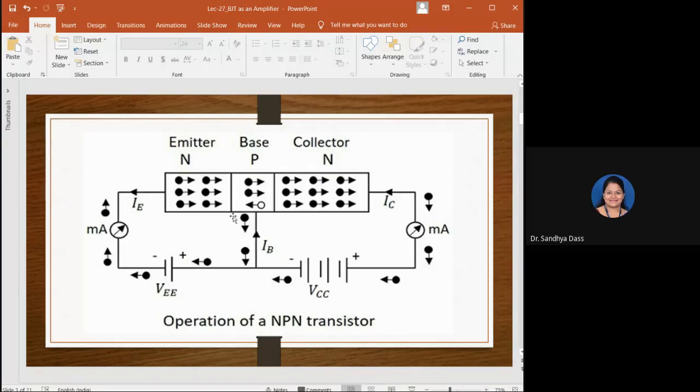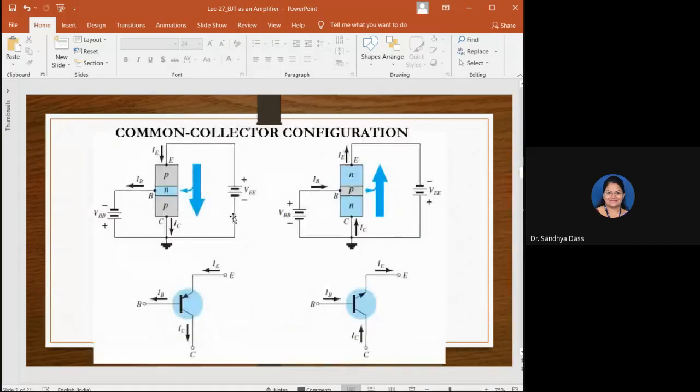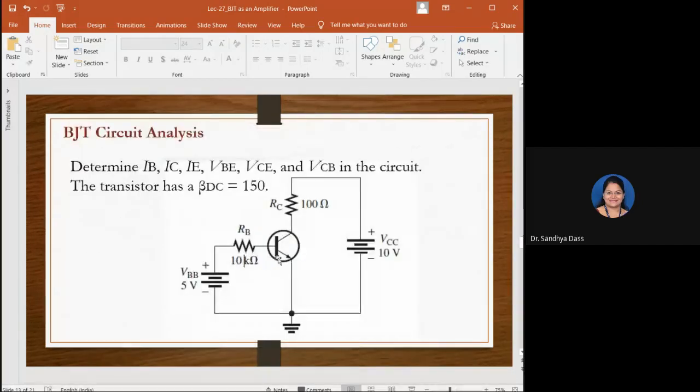So for silicon type, 0.7 volts should be applied for this junction in this circuit. So across VBE, 0.7 volts for the forward bias condition, right? For a forward bias junction, VBE of 0.7 volts should be applied, typically if you take it as a silicon transistor.